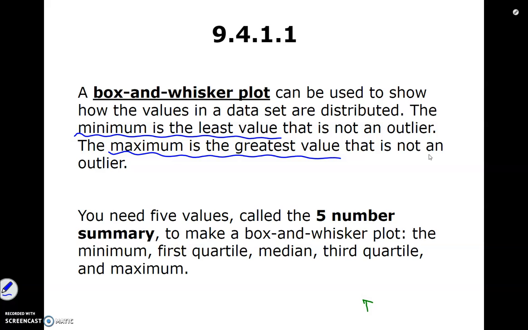In order to do a box and whisker plot, you are going to need what's called the 5-number summary. The 5-number summary, I would write this down, is made up of the minimum, the first quartile, or in other words Q1, the median, the third quartile, or in other words Q3, and then the maximum. Those are the 5 numbers within the 5-number summary.